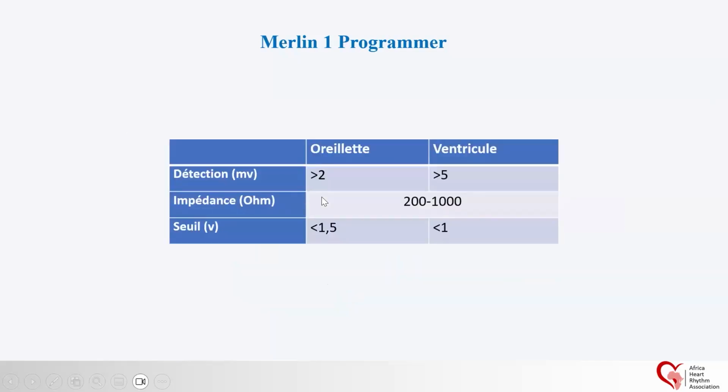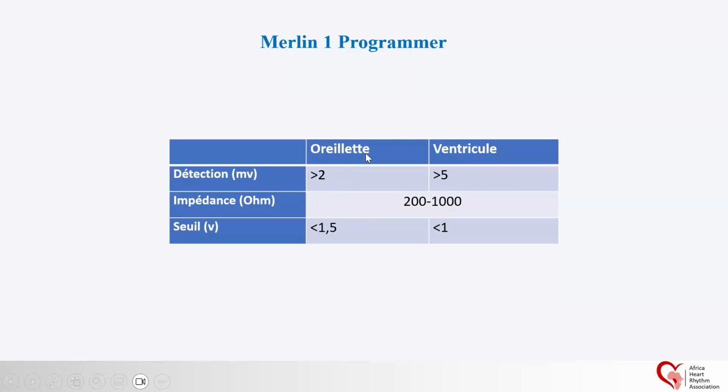The value that we need to have, that means the normal value to say if the lead is in a good position or not. So we need to have those true values. The detection or the sensing in the atrium must be greater than 2, and in the ventricle it must be greater than 5.